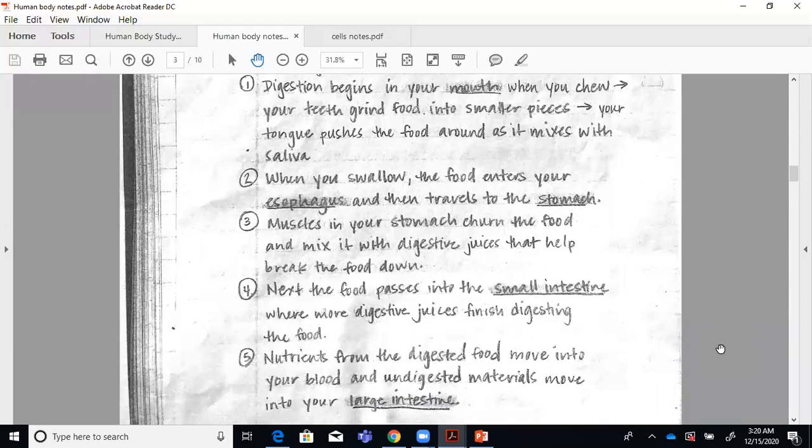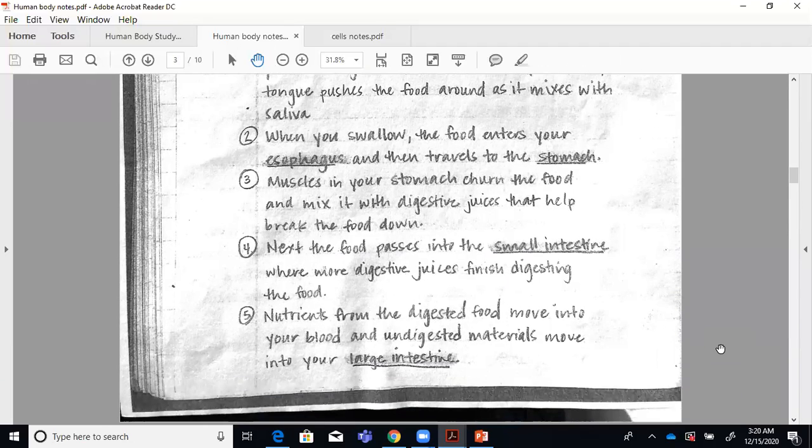The muscles, there's that muscular system working again with another body system, are going to turn the juices as well as the food in my stomach, and the food is going to pass through the small intestine where the digestive juices are going to start finishing digesting the food.